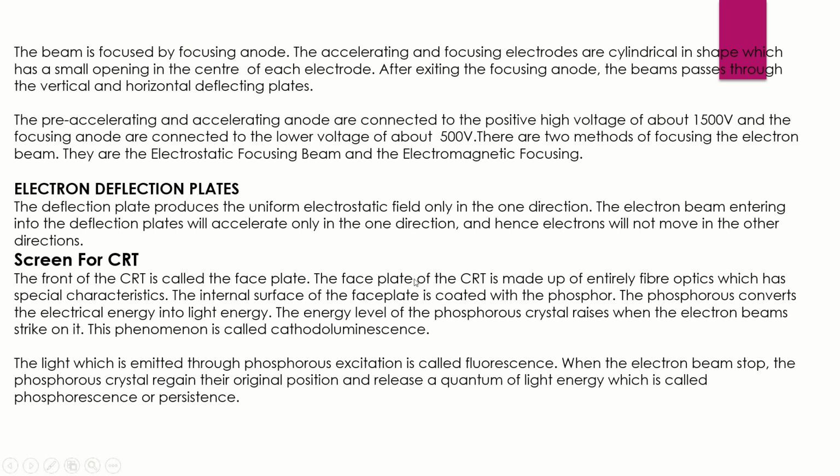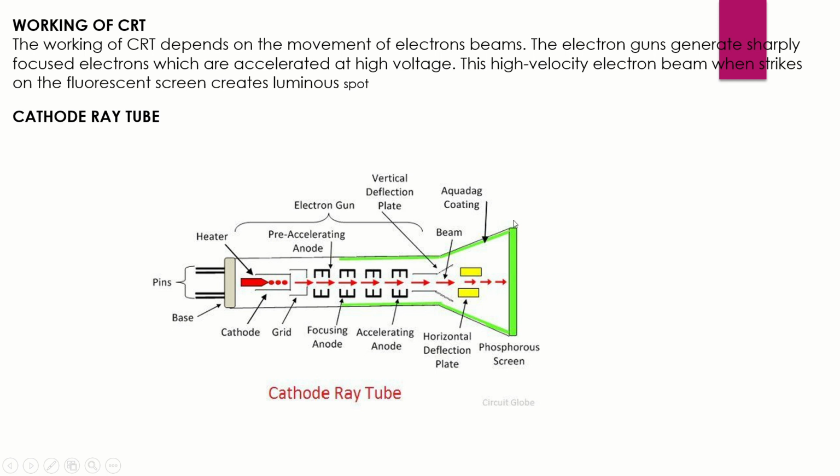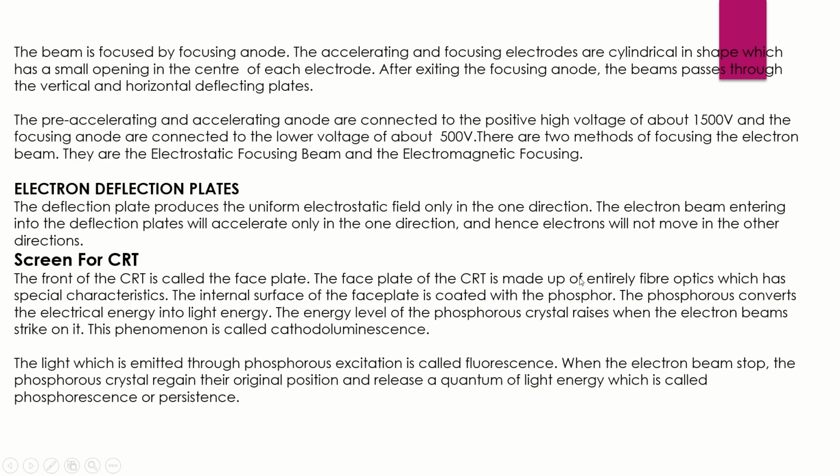The internal surface of the faceplate is coated with a phosphor. The phosphor helps in converting electrical energy into light energy. This is the phosphor screen, which helps to convert electrical energy to light energy.